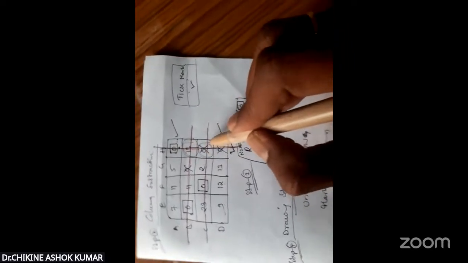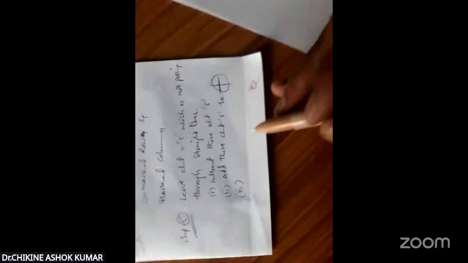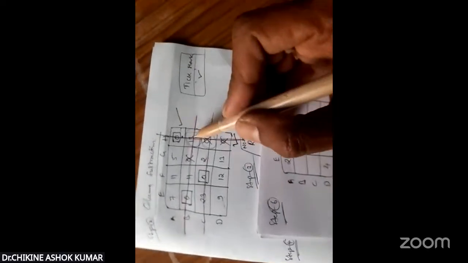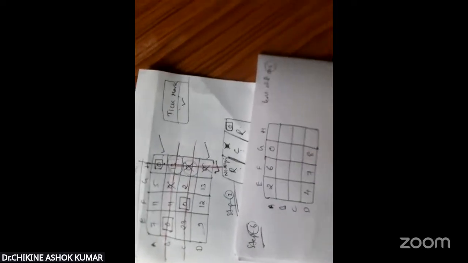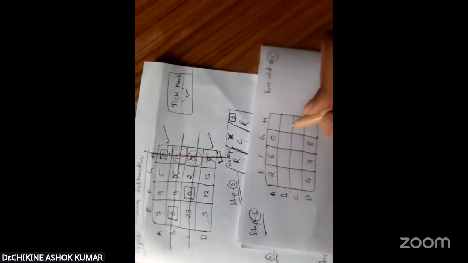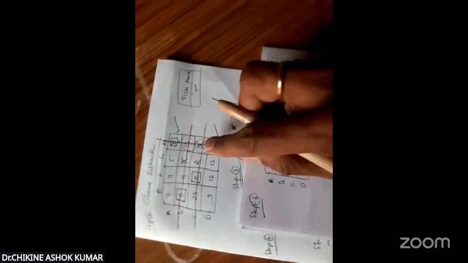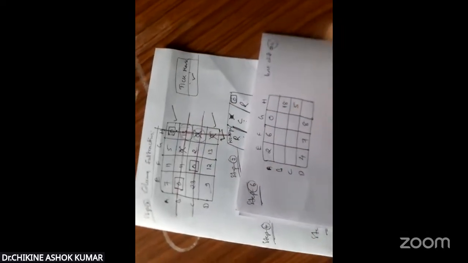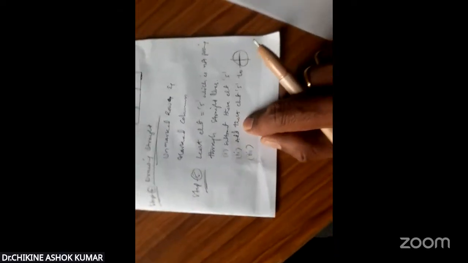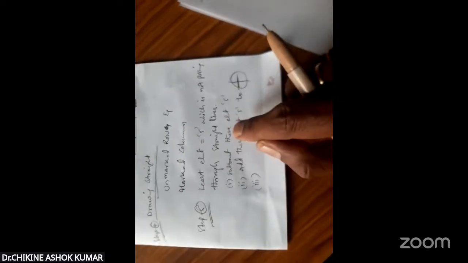For these two boxes, we have to add 5 to the corresponding number. I will write those elements here. It is already 13, so we add this 5 to 13, and this is 18. Next, it is 0, so 5 plus 0 is 5. First I subtracted 5 from the elements not passing through the straight lines.